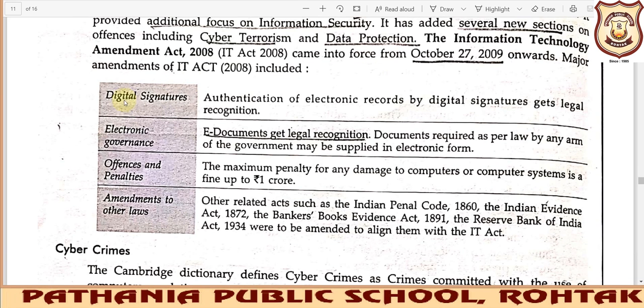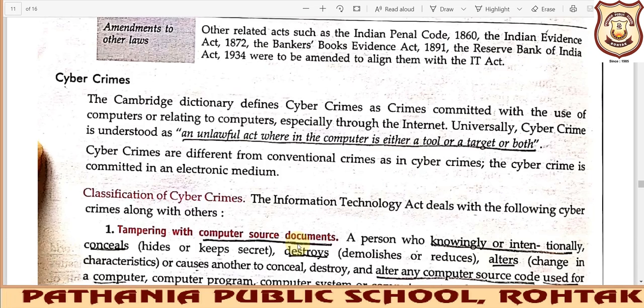Amendments were also related to digital signatures, electronic governance, and some penalties, and some amendments were made in other laws also. So in order to control these cyber crimes, what is a cyber crime? Cyber crime is an unlawful act wherein the computer is either a tool or target or both. It means the crimes that are done using the internet are known as cyber crimes.